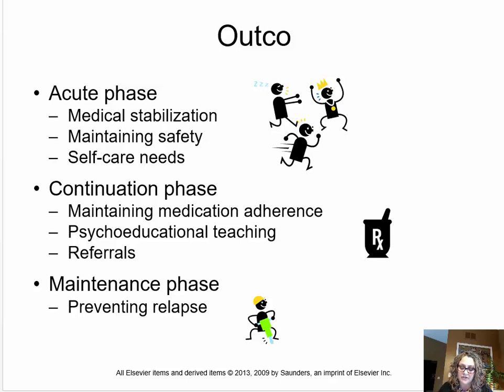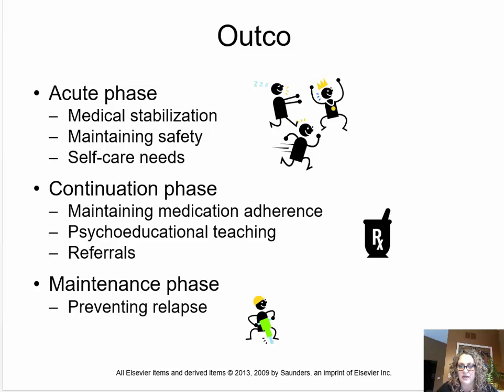In the continuation phase, the patient and family will attend psychoeducational classes to discuss a variety of topics and give directions to the patients and families. They will need support groups or support therapy.